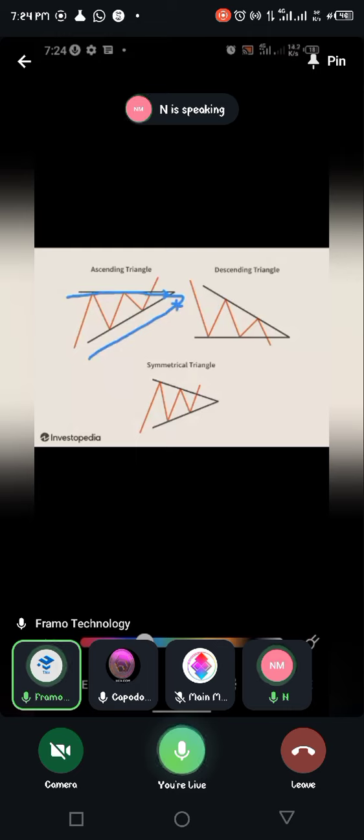Take note: apart from the horizontal line, the next line will be moving from down to top. By then, you are looking for a breakout at this point. Either it will break out from here or it will break out here. It can break out at any place, towards any direction, but you have to wait for a breakout before you enter a trade.